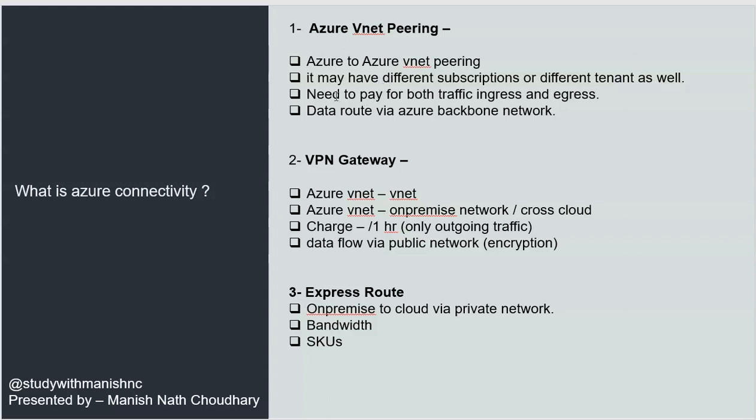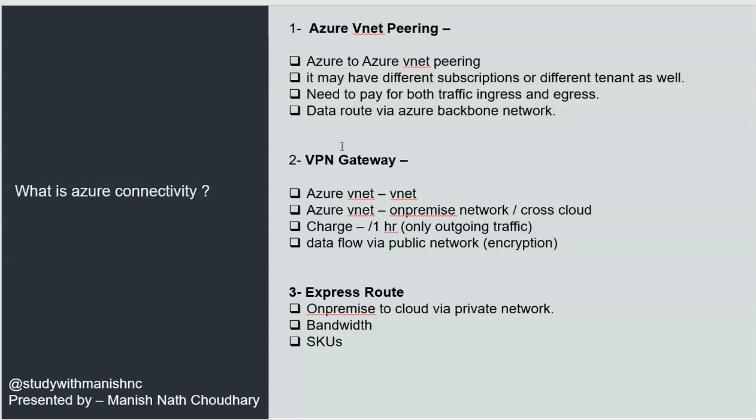Now the next part is, whenever VNet peering is used, the payment is for both ingress and egress, meaning whether data is coming into the subscription or going out of the subscription, on both sides the business user has to pay. And the third point is the data routes via the Azure backbone.